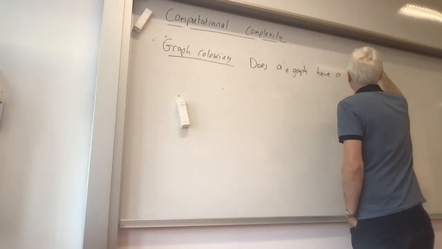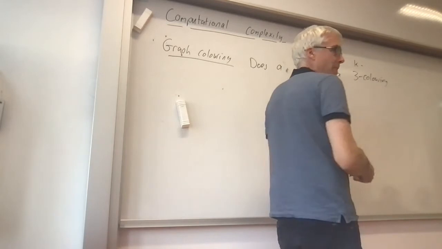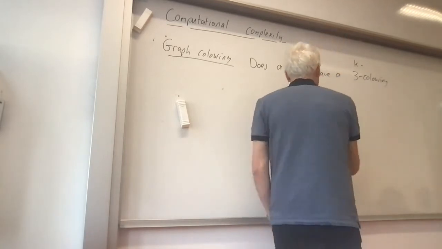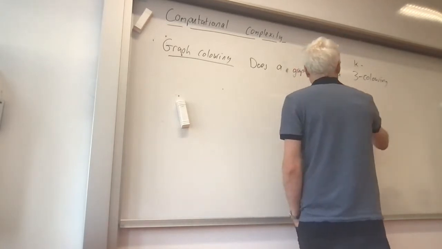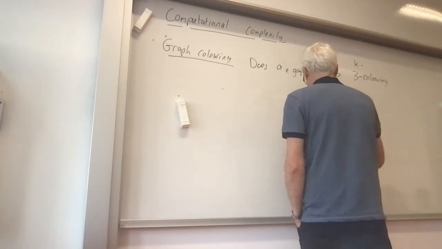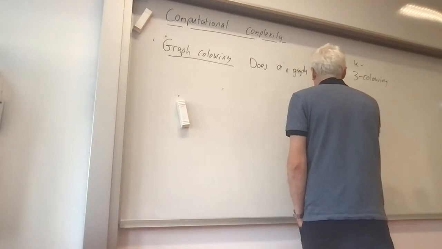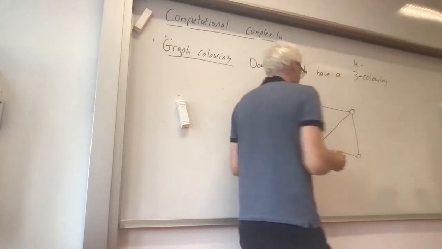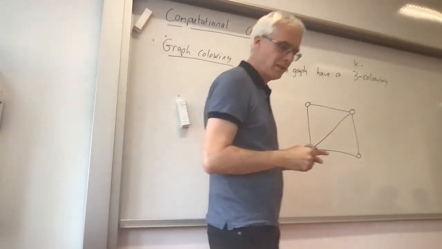Or a K coloring in general, where you input the number K. But let's have a look at the question of the 3 coloring. So suppose we have this graph with 4 vertices and a diagonal here. We'll use white as a color.